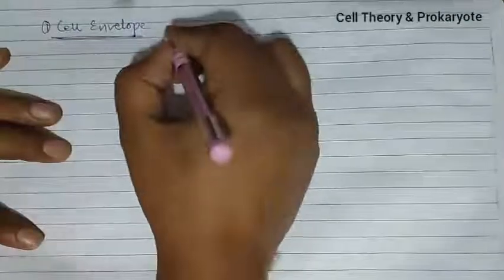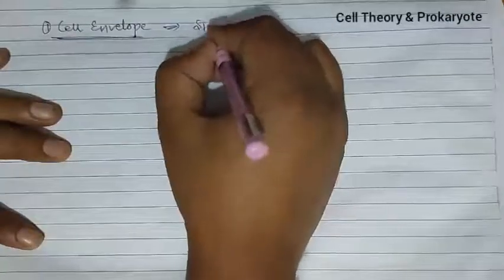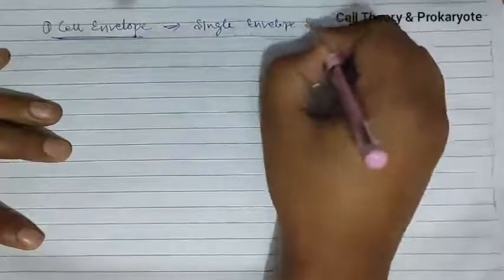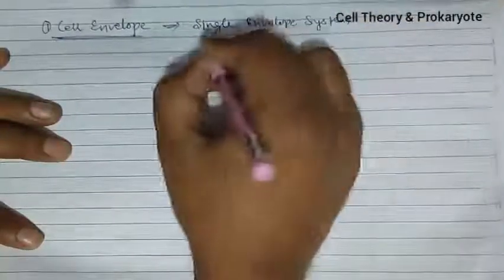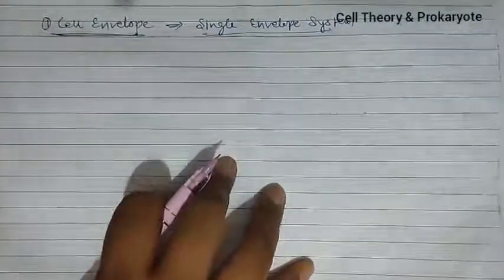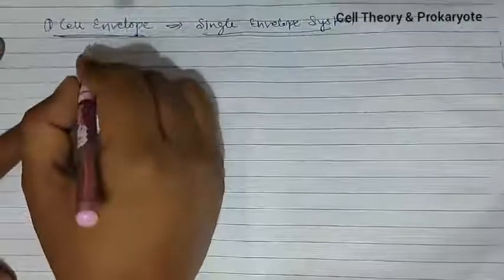So first in prokaryotic cell we talk about cell envelope. Now this cell envelope is single envelope system in case of prokaryote, but similarly eukaryote have double envelope system, means they have a membrane bound organelle which form another envelope. Outermost is the single envelope.